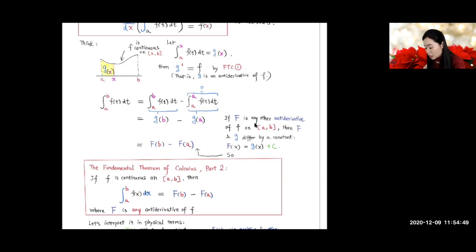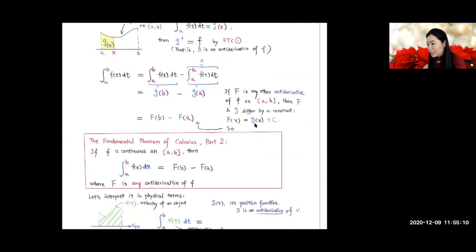So when you subtract them, the constants are going to subtract out, right? So it doesn't matter. I will put an antiderivative, the small f here, as big F. So big F(b) minus big F(a). And this is the Fundamental Theorem of Calculus part 2.